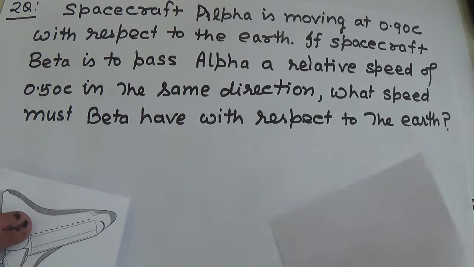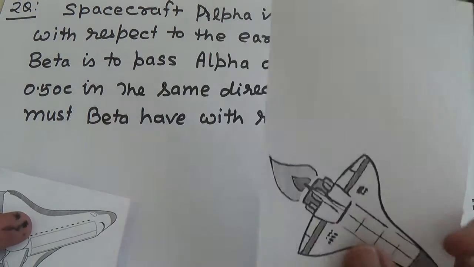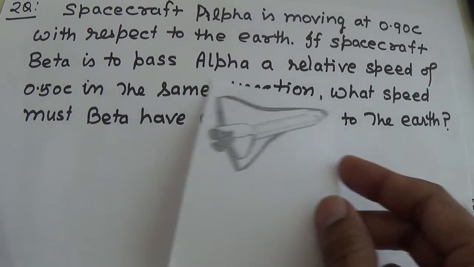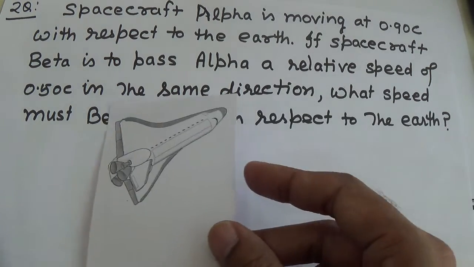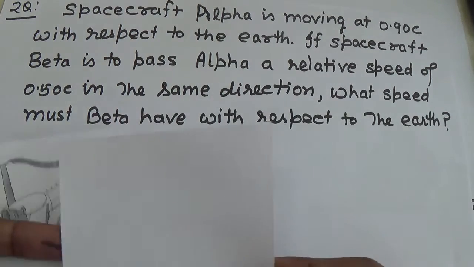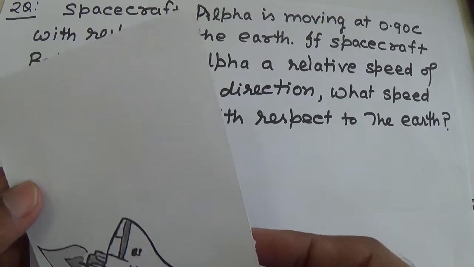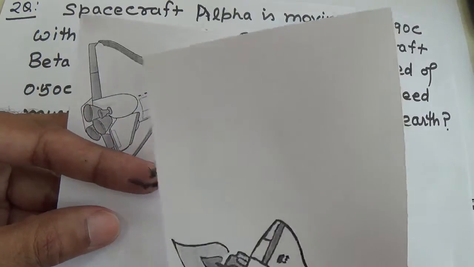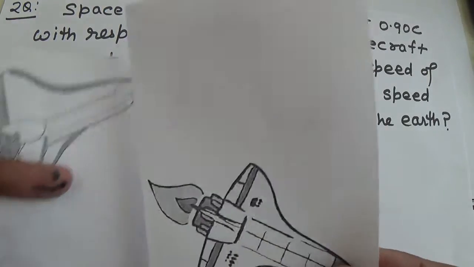Now in the second statement, spacecraft beta is to pass alpha at a relative speed of 0.50 c.